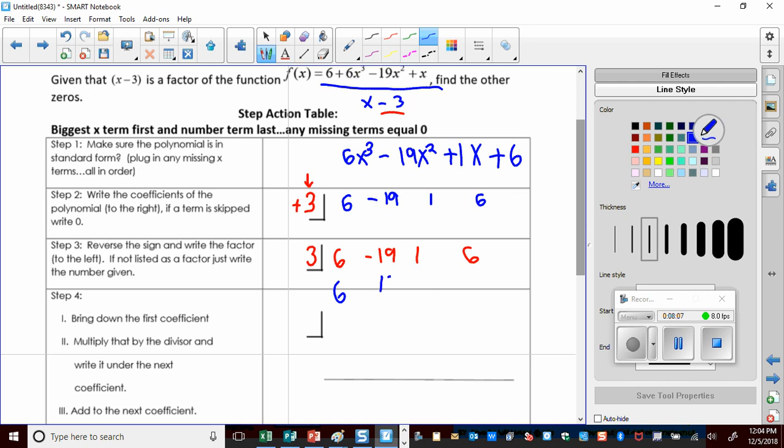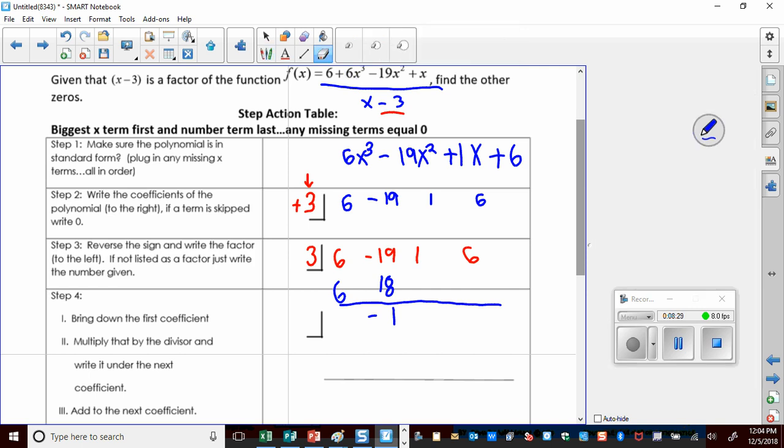So 18. Okay. And then do the next one. So we do it again. Okay, I get negative 1. Let me make sure I did that right.